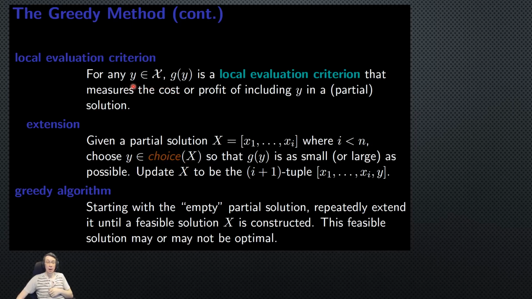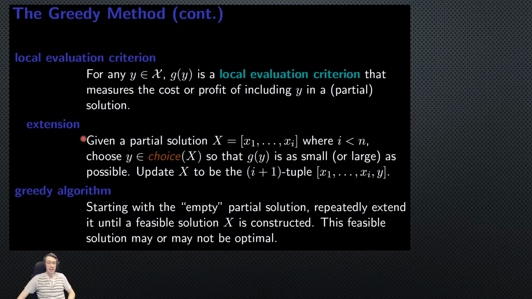So given a possible choice, g of y, the evaluation of y, is going to give us some sort of measure of the added profit or the added cost that the choice of y, the local choice of y, ignoring future choices, would add to our solution. So how much would making choice y right now, where we are right now, impact the cost or profit that we're going to end up with? Now we're not going to think about future decisions.